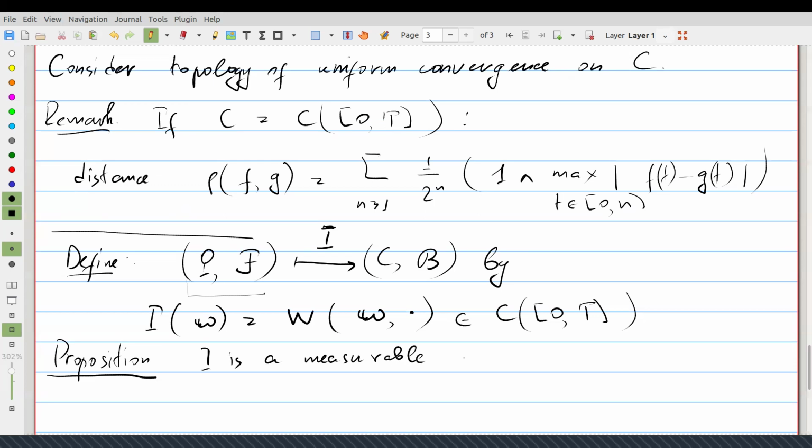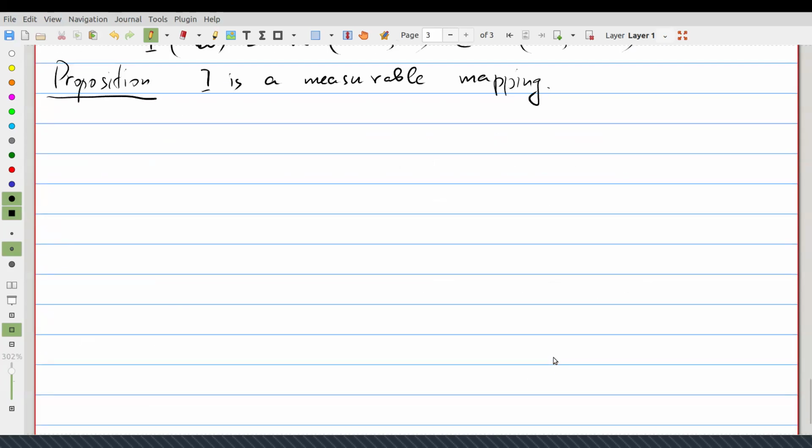So this mapping is a measurable mapping. For that, we need to recall what cylindrical sets are.